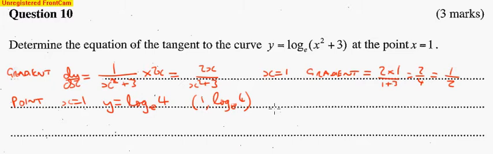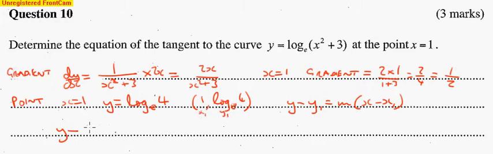And now we use the point gradient formula, because we've got the gradient, we've got the point. Here the point gradient formula is y minus y1 equals m into x minus x1. We just put the numbers in. Well, this is our x1 and our y1.